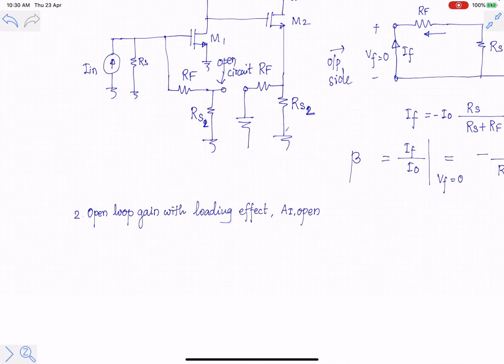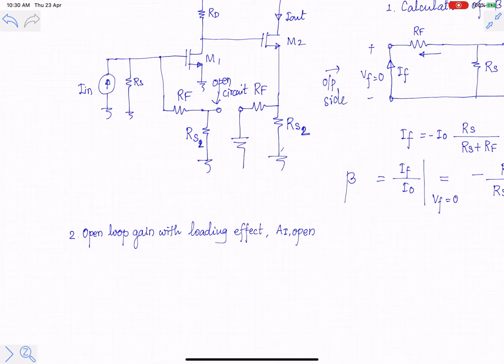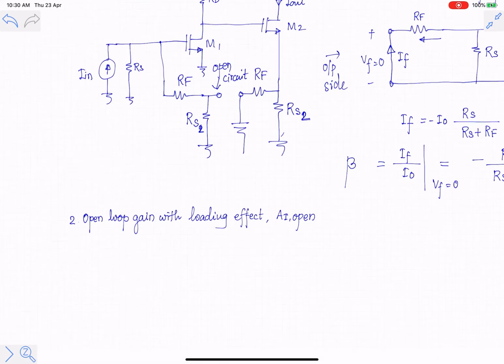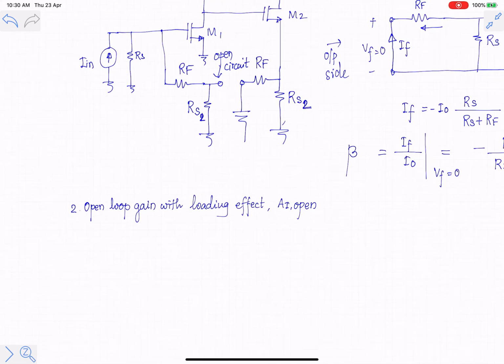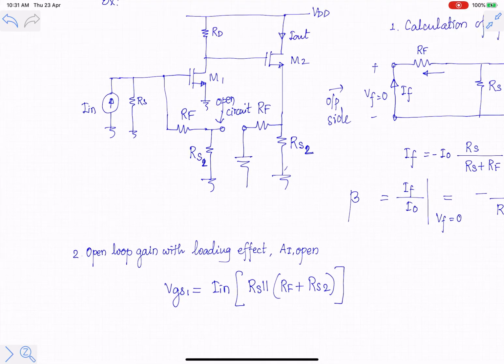Now from this we can see that the value of VGS1 for MOSFET M1 can be written as IN multiplied by RS parallel RF plus RS2. Right, so this is the value of VGS1.